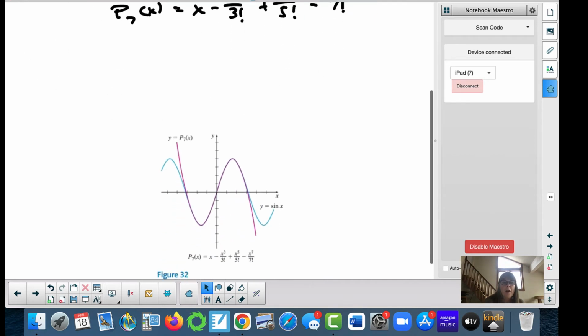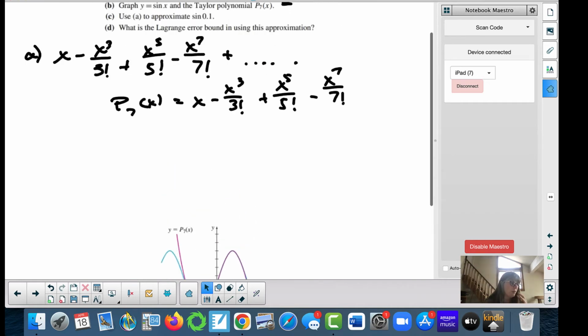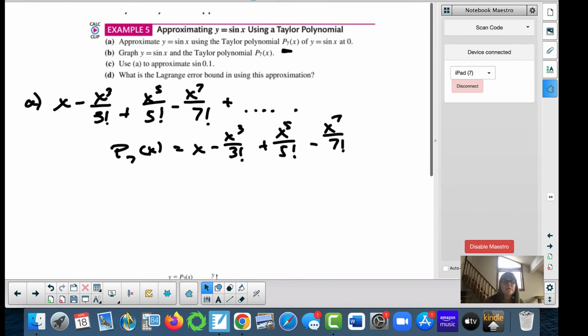Again, looking at a graph of both of those, we're very, very close to sine x, our p of 7. Notice we've gone all the way to 7. So we're really, really close. And we're doing this at x equals 0. So here, if we want to approximate sine of 0.1, we plug that into the polynomial.